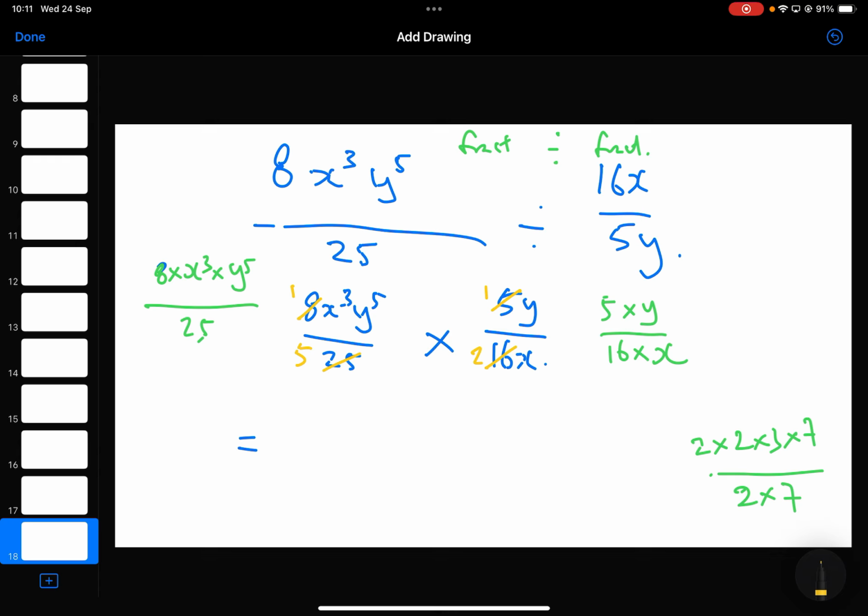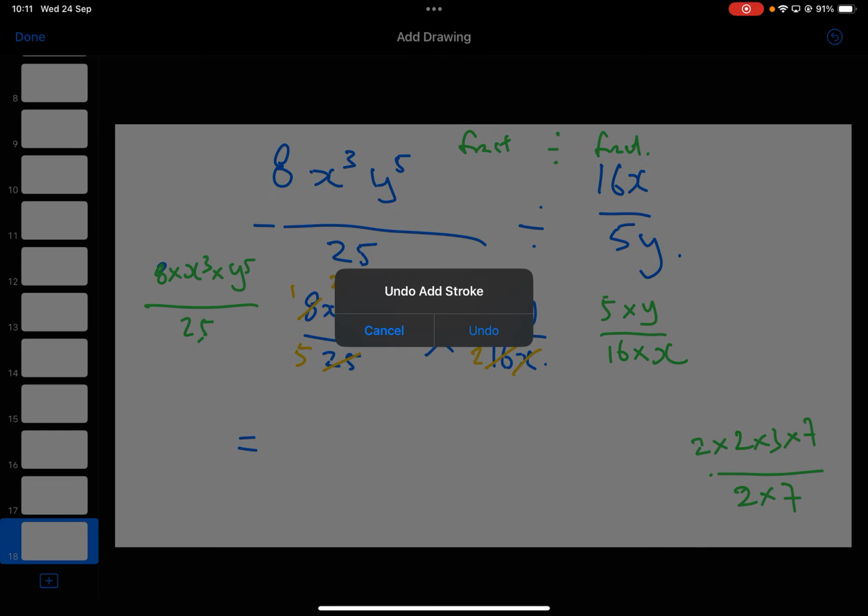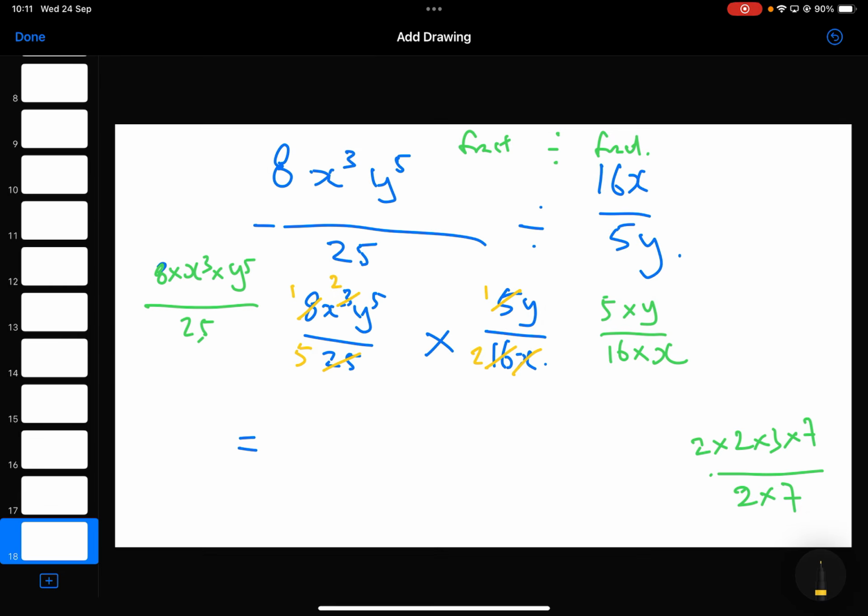So here bottom got 1 x. Here top got x to the power of 3. I want to cancel away one of the x. My x cubed at first is x times x times x. I cancel away one of them, then I'll be left with 2 of them. Same for my y. Oh, y doesn't have. y is only at the top already.